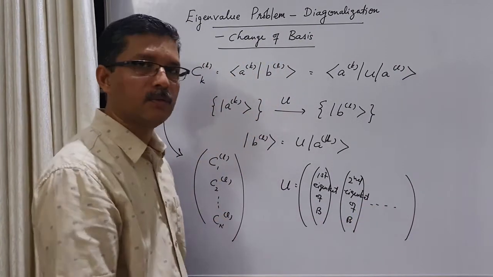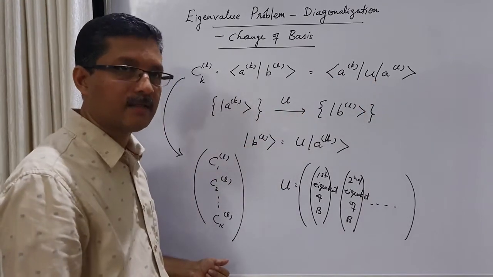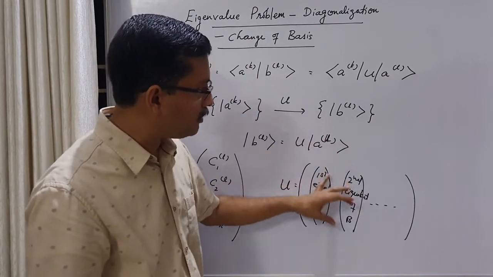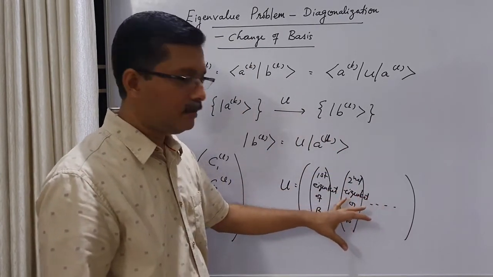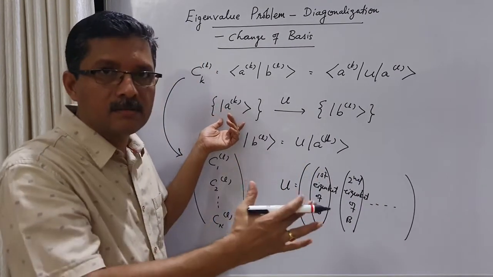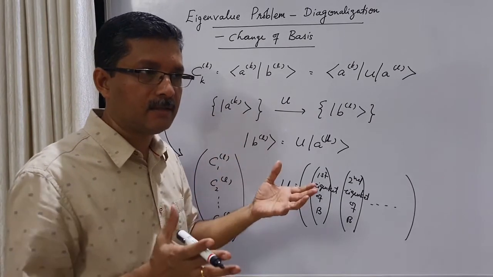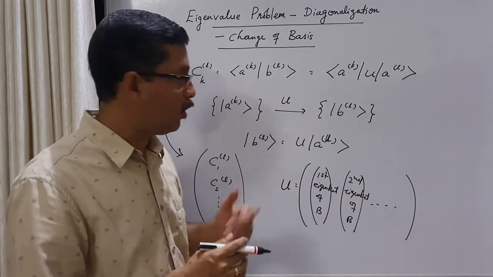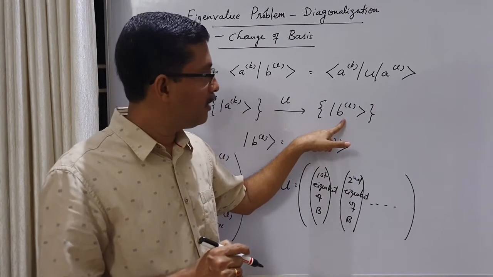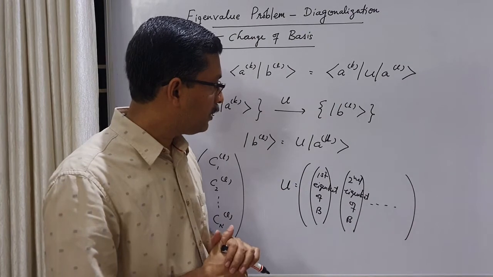That's how we construct the unitary operator. The Lth column will be the Lth eigenket of B. If you construct a unitary operator such that each column is an eigenket of B, this unitary operator will produce the correct transformation from the old basis, where the matrix elements of B are known, to the new basis, which is the eigenbasis of B. So this is the correct unitary matrix for that.